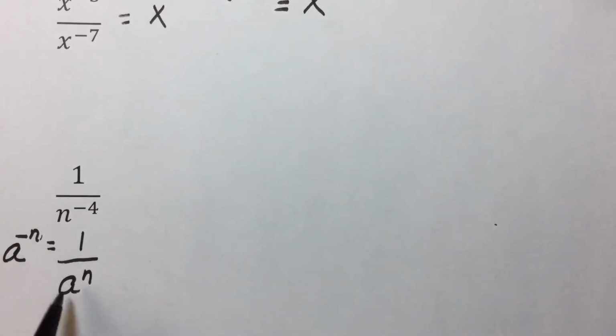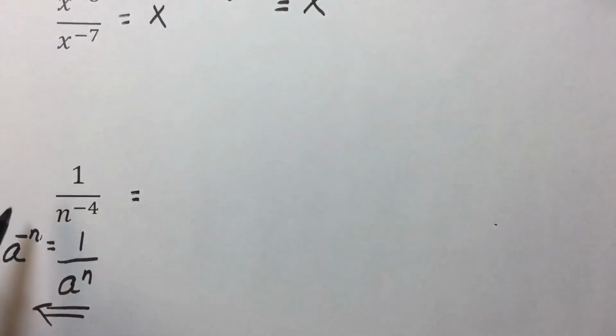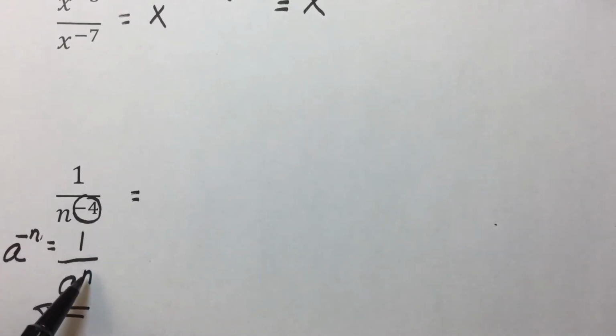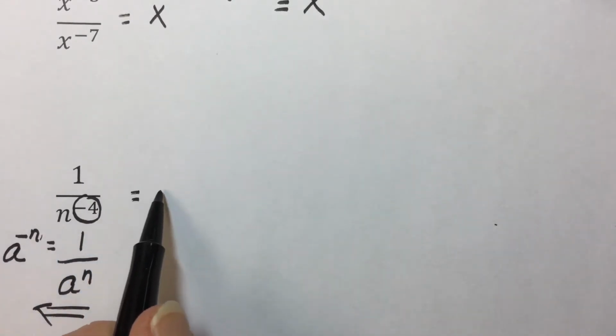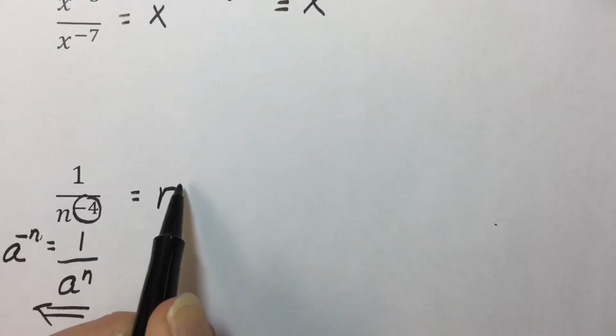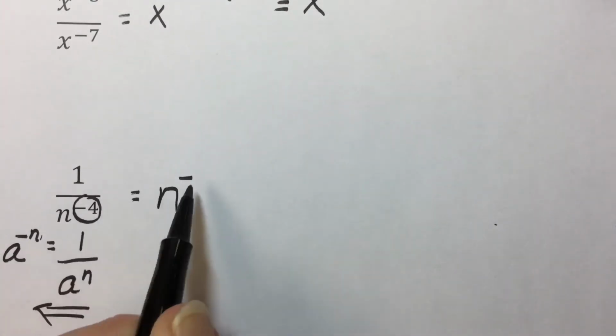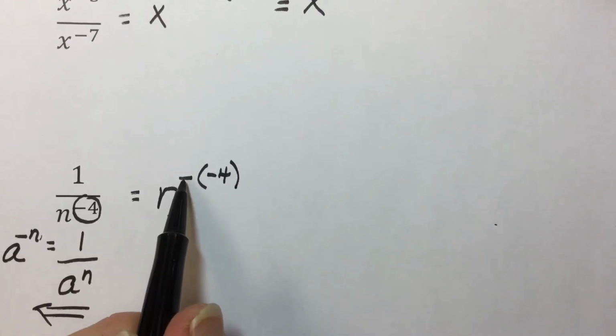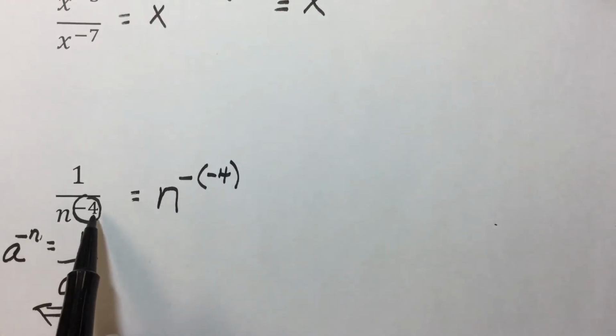Well, if we go this direction, this then, treating it as though it were our n, is going to go up here to that base, the opposite of what that power is. Here's our opposite of that exponential power.